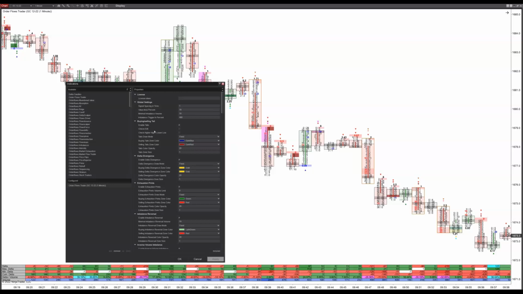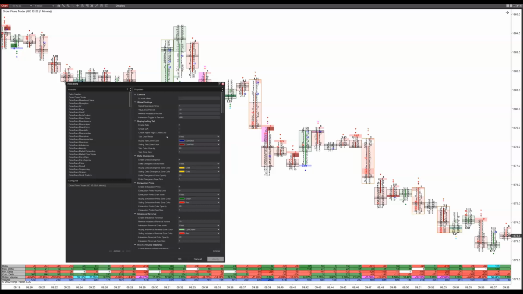Check EVA means if you have tails enabled, it would only signal if there's an engulfing value area, which is useful in markets like mini Dow, right? When you have a buying or selling tail in a bar with an engulfing value area, it's a pretty high percentage trade. That's why we have it in there.